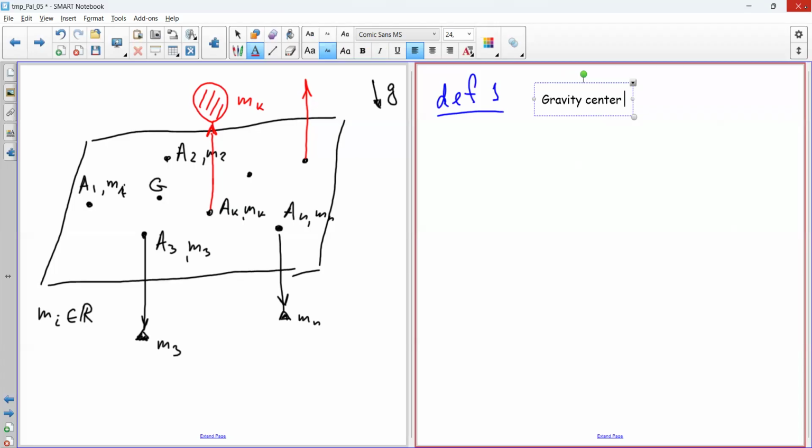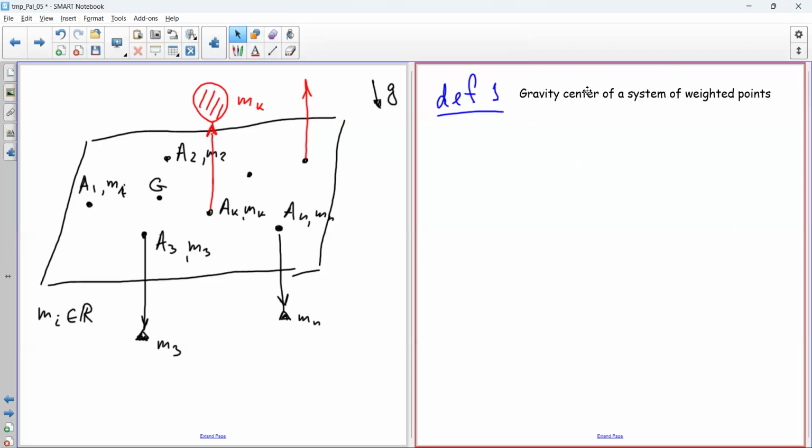That is why we're going to say so far the gravity center of the system, because maybe there are many of them. The gravity center of a system of weighted points is defined like so.